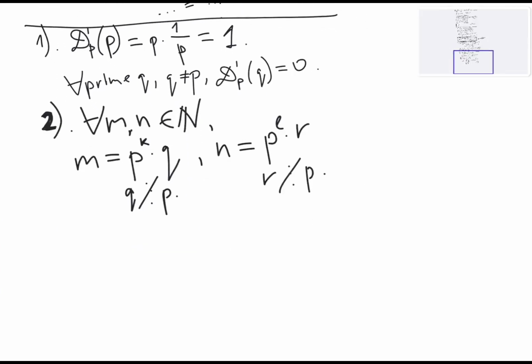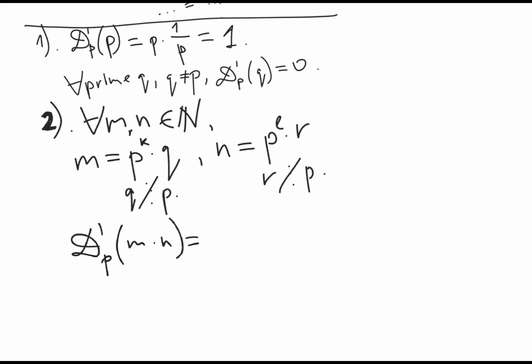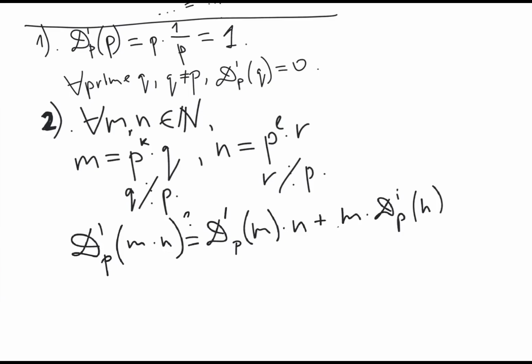So if we have these two representations, then d_p prime of the product mn, we need to verify if this is equal to d_p prime of m multiplied by n plus m multiplied by d_p prime of n.